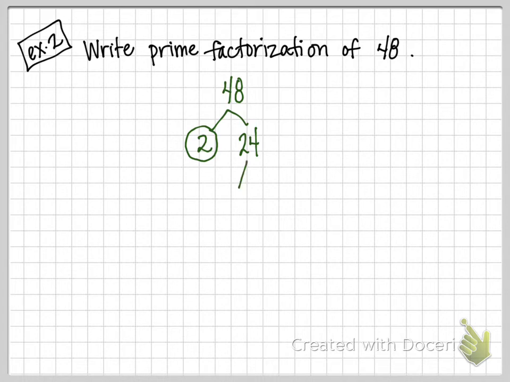Okay, so let's do that. 3 and what? 8. 8's not prime, so I'm not going to circle it. But 3 is prime. That part of my tree is done. I keep looking at 8. Mia, what's the prime factor of 8? 2. 2, and what's its counterpart? 4.